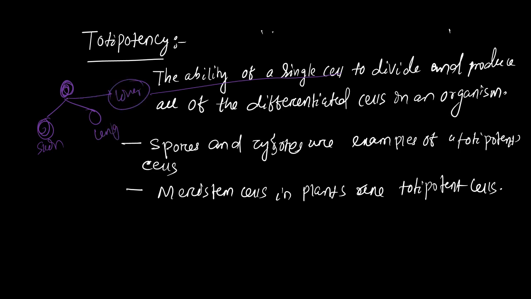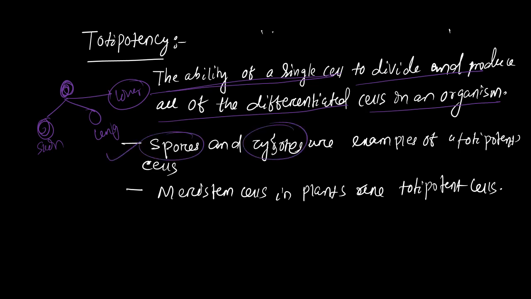So it is the ability of a single cell to divide and produce all of the differentiated cells in an organism. Mostly spores and zygotes are examples of totipotent cells. In case of plants, we see meristem cells. These are the totipotent cells.